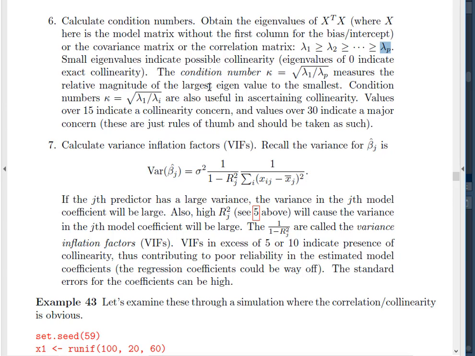If the condition number is relatively large, then it indicates that collinearity might actually exist there. You can also compute other condition numbers, like take the largest over each successive one and take the square roots. Values over 15 indicate a collinearity concern, and values over 30 indicate possibly a major concern. These are just rules of thumb, therefore they're really only as good as your thumb.